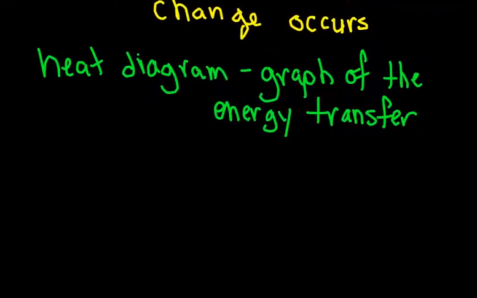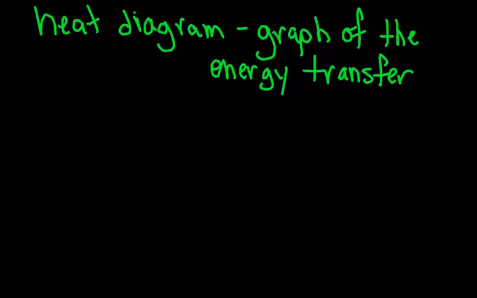When you have a heat diagram, it's just a basic XY plane graph, not too fancy. On your graph, you'll include a boiling point or condensation point and a melting or freezing point.